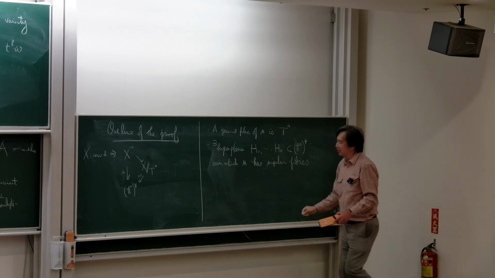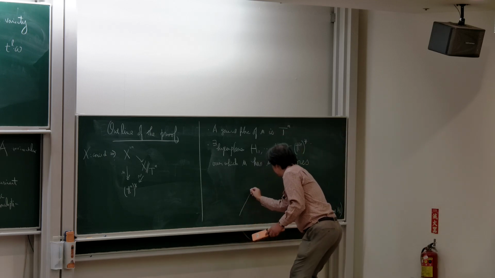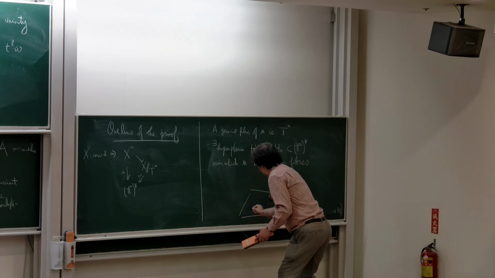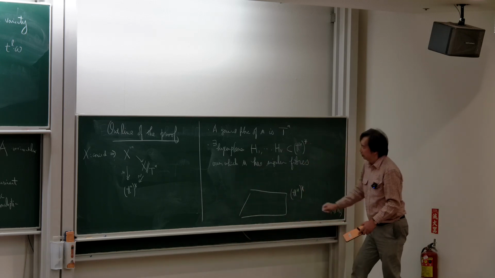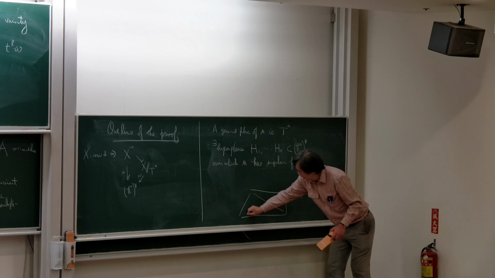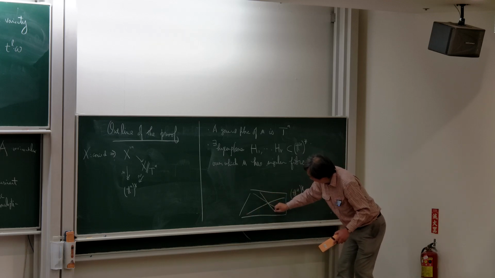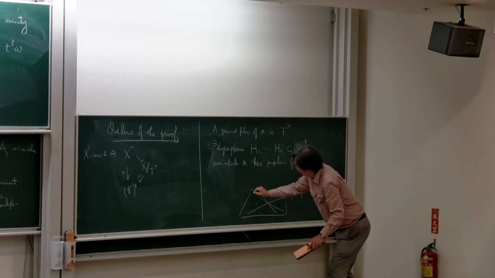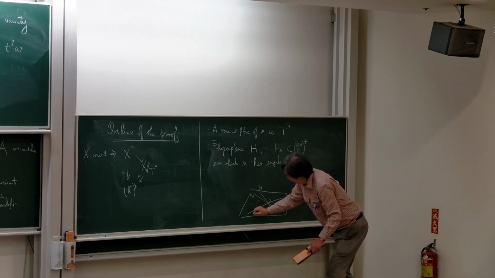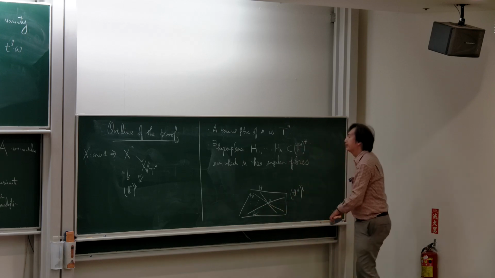So the situation is as follows. You have this Tn star picture. You have hyperplanes, and these hyperplanes pass through the origin of this space: H1, H2, ..., HR.